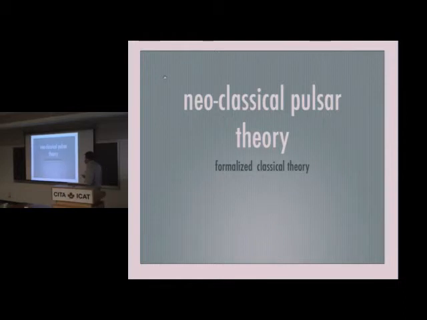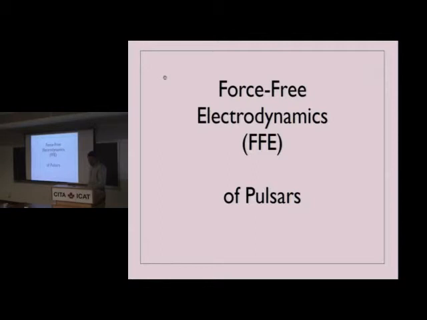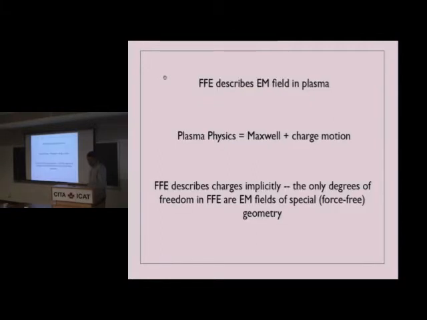So then came what we can call neoclassical pulsar theory. It was just a formalization of the classical pulsar theory. It's called force-free electrodynamics. And the idea itself just mimics what Goldreich and Julian have been proposing. So what's the idea?